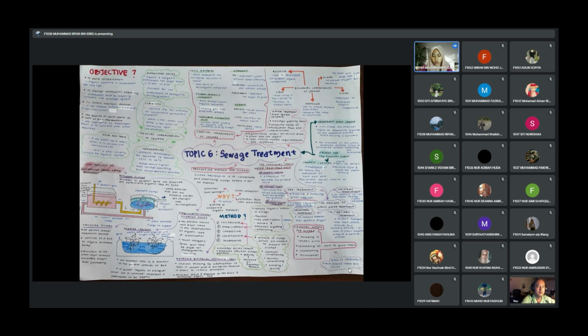Then there is process of centralized wastewater treatment. And then the processing method for sludge, the reason why to reduce, and the method for sludge.